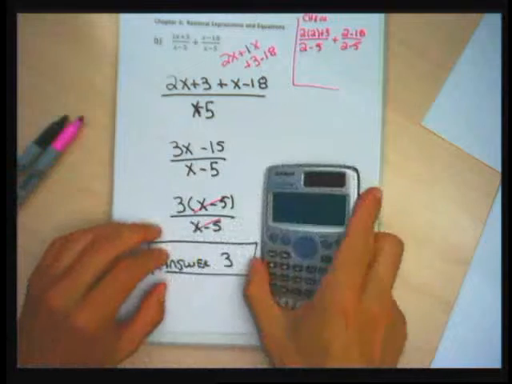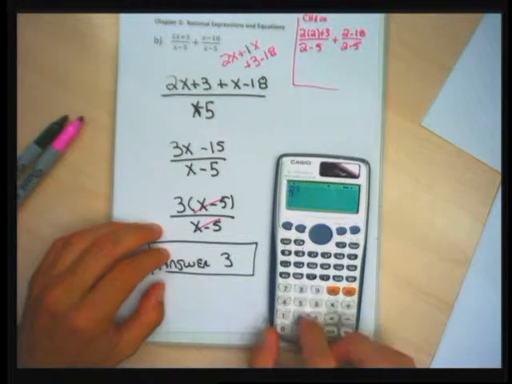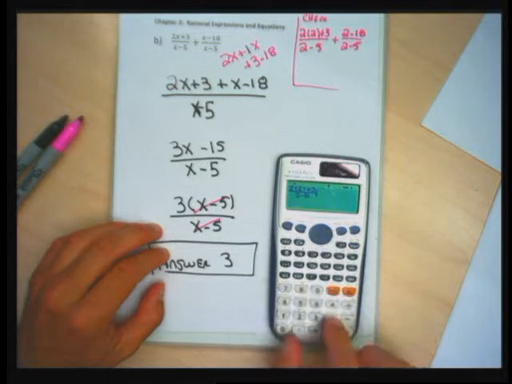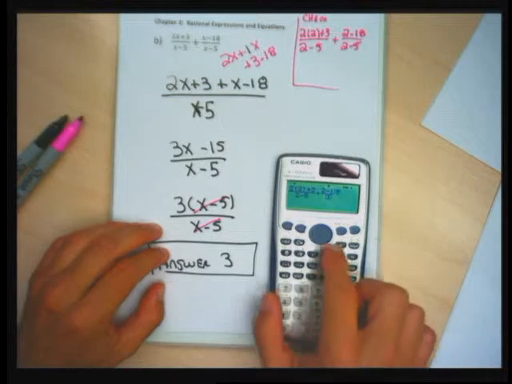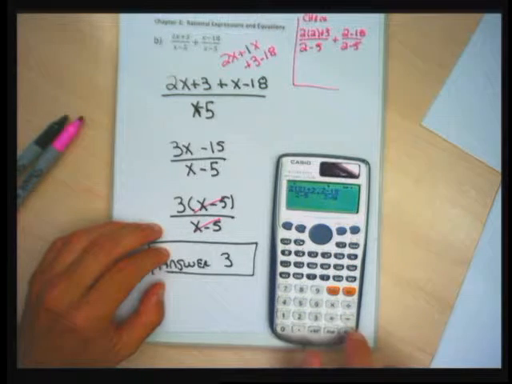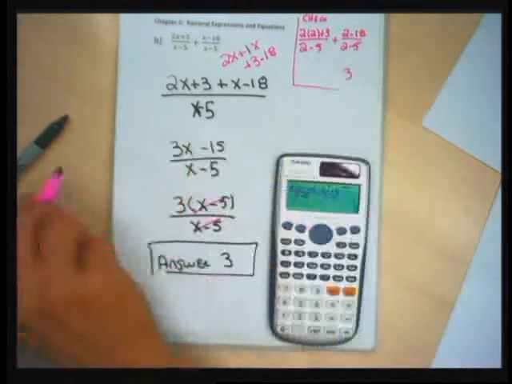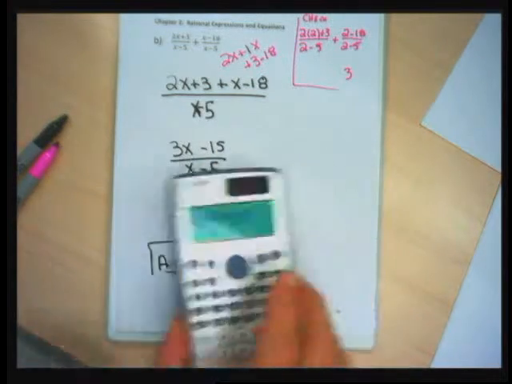That's the only way my answer could be correct. So the fraction (2 times 2 plus 3) over (2 minus 5) plus the fraction (2 minus 18) over (2 minus 5), and I get 3, and that's what I needed to get. There's no place to plug the 2 into the answer, but I already have the matching that I need to have.